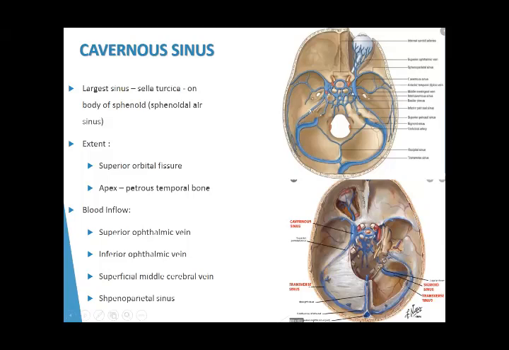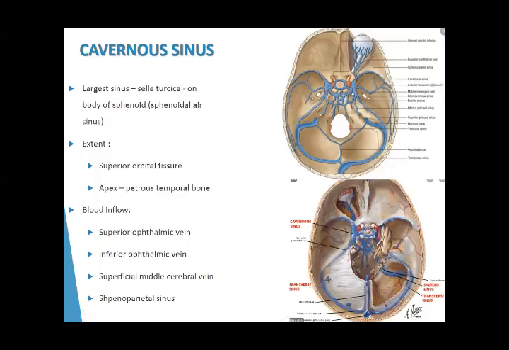This is the petrous part of the temporal bone. Apex of the petrous part of the temporal bone ये है, ठीक है? So this sinus extends anteriorly superior orbital fissure, posteriorly apex of the petrous part of the temporal bone.